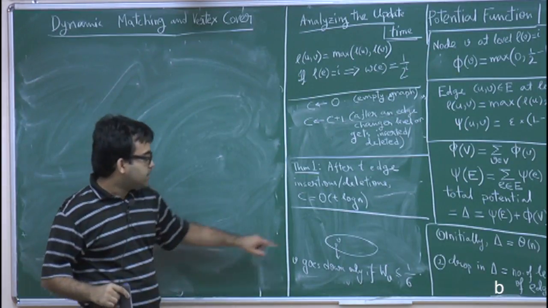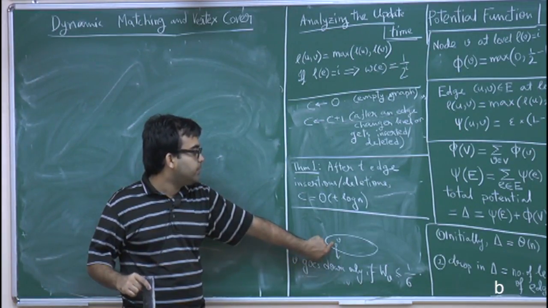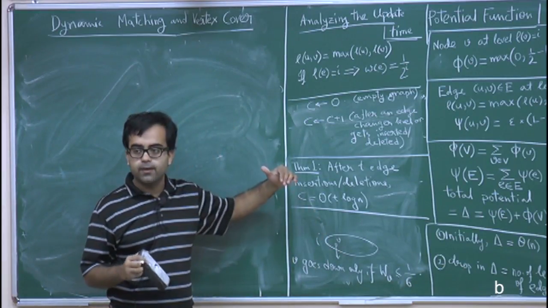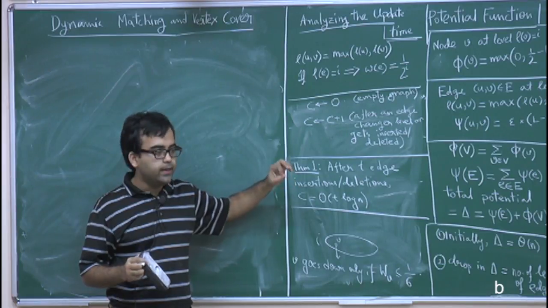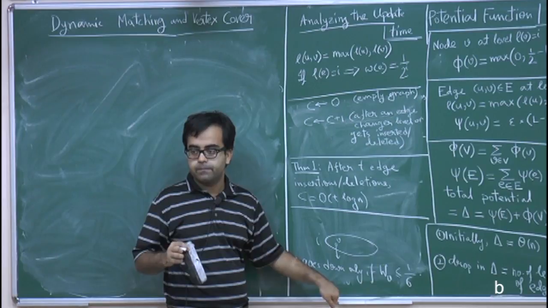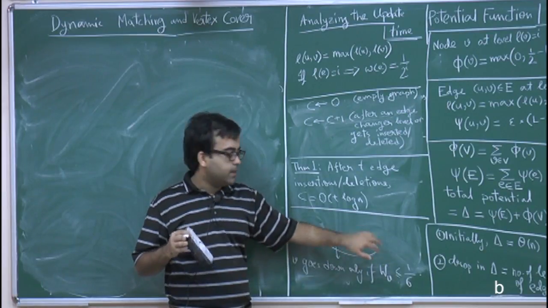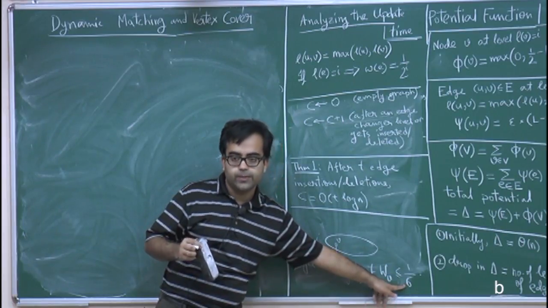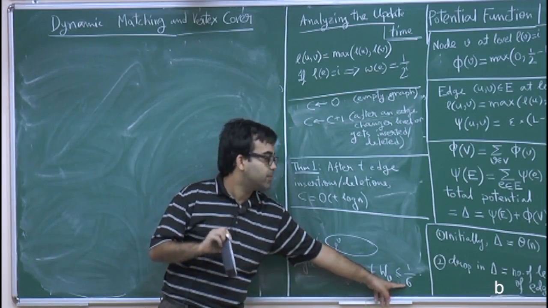So, the point is that the first time you assign V to this level, say I, its weight was greater than half, and it goes down only after its weight has dropped sufficiently. Now, there is nothing special about 1/6. You can just have something smaller than half.